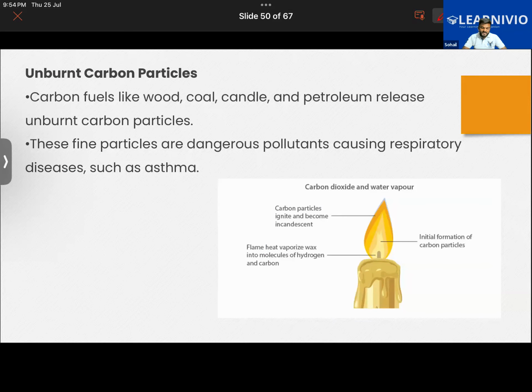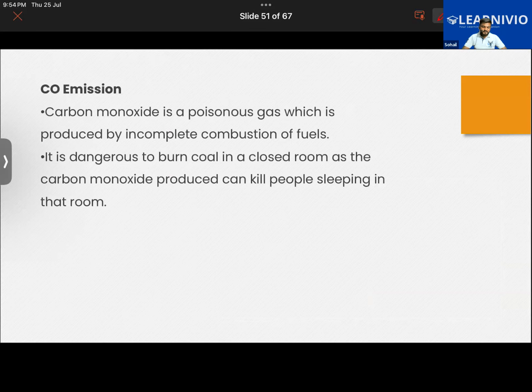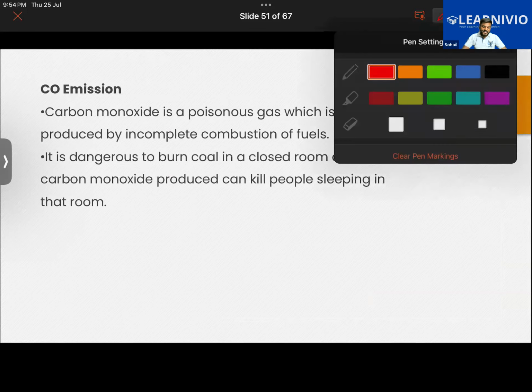And here you can see, as we have learned about the middle zone of the candle flame, that it usually contains unburned carbon particles. That is one of the major causes of respiratory diseases such as asthma. Got this now? That is the main culprit behind asthma. Then, due to incomplete combustion, carbon monoxide will also be released, which is a poisonous gas.